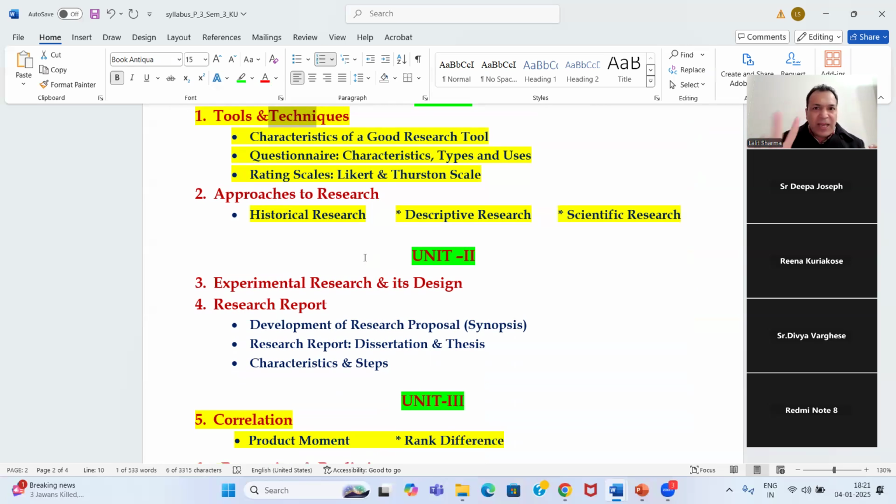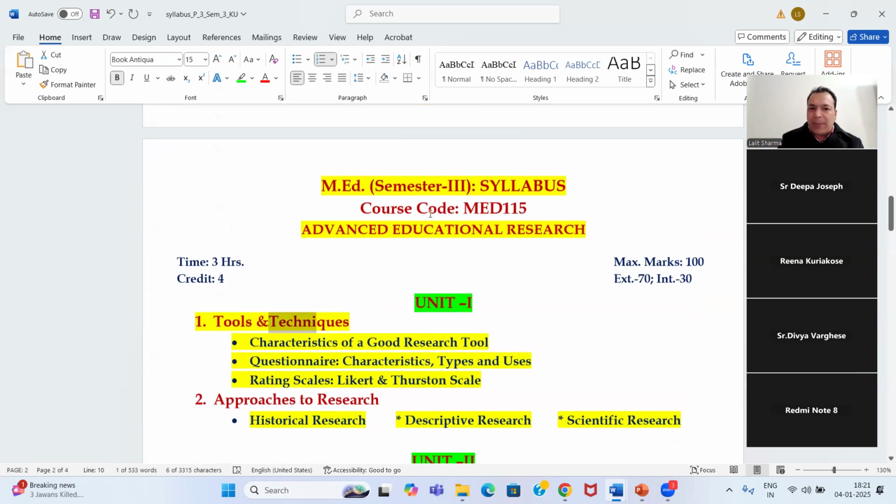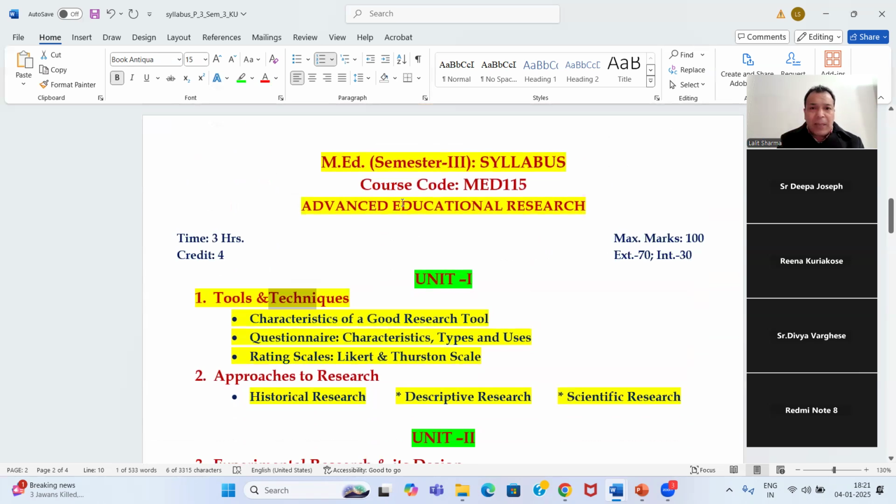Okay, so actually we are covering the 2 papers, as well as, in fact, I will tell you, we are covering the 3 papers, because your third practical is dissertation. Okay, which you have made the 3 chapters and submitted to your respective colleges, and all the questions asked by the examiner are related with this topic. So this is a very technical paper. Other 3 papers are very much easy, right?